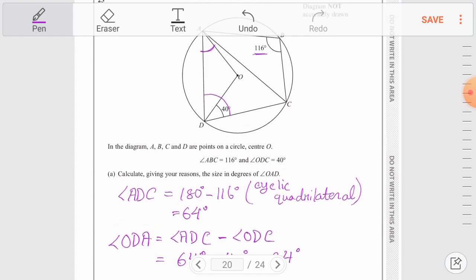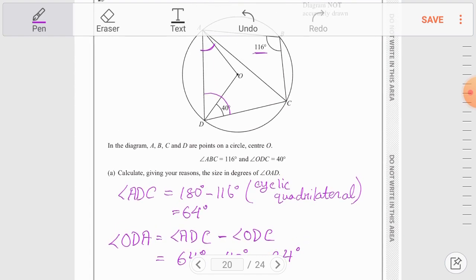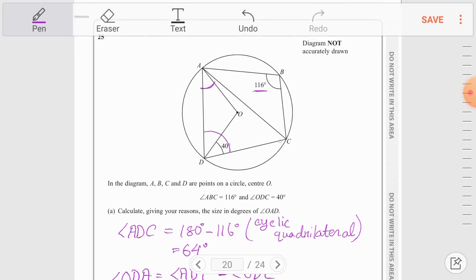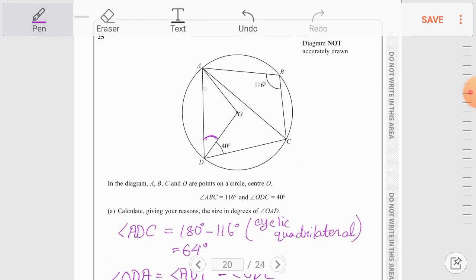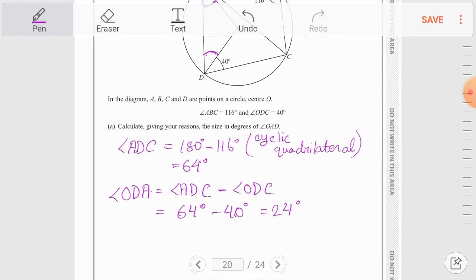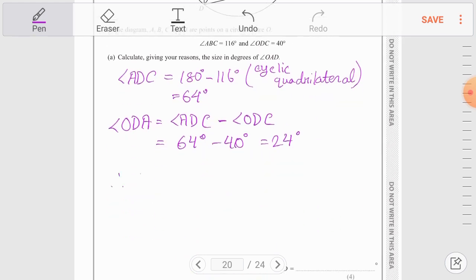So this is the value of ODA, and as we know that O is the center of the circle and both OA and OD are radius, so this angle should always be equal to this angle. So angle OAD should be equal to angle ODA.